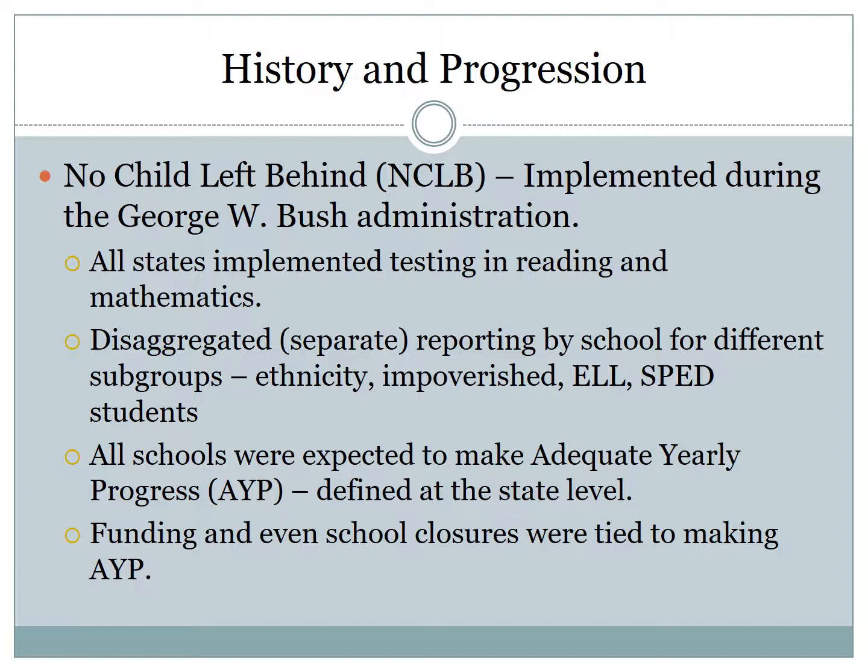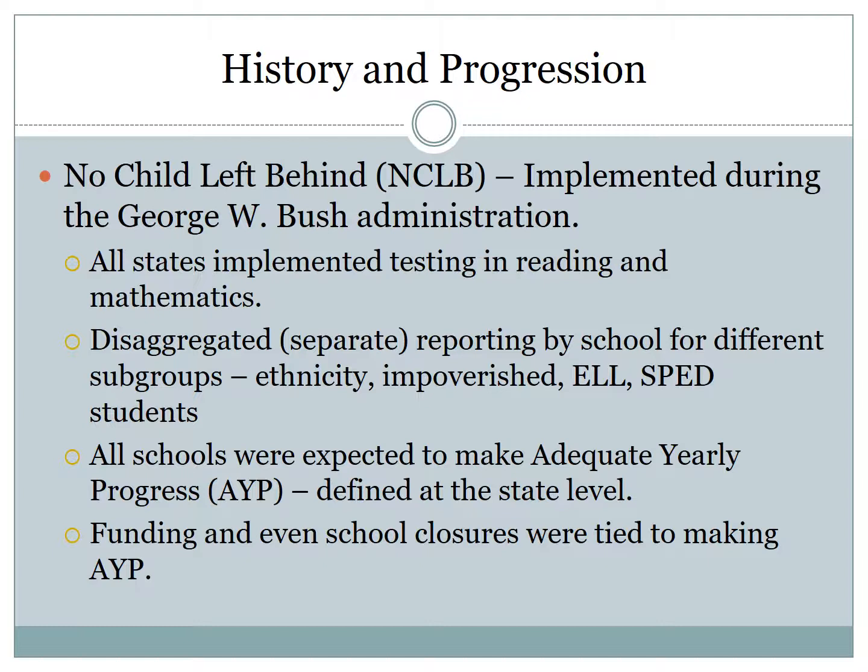At that time, all states started to implement testing in reading and math, and the law allowed for disaggregated, or separate, reporting by school for different subgroups, for example, by ethnicity. So there would be reports broken out to show the progress of Black students or Hispanic students or white students. For impoverished students, for example, on free and reduced lunch, how were they doing? For ELLs, for special ed students.